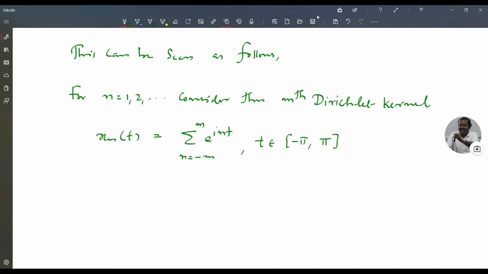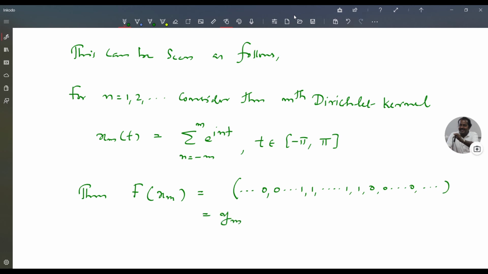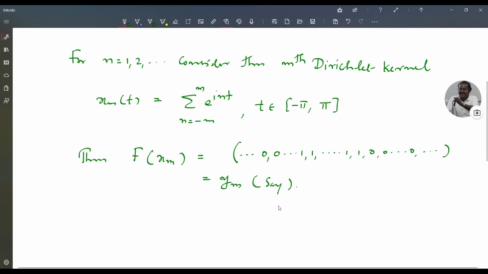Then f of Xm equal to etc. 0, 0, etc., 1, 1, etc., 1, 1, 0, 0, etc., 0, etc. Let it be Ym, say, where 1 occurs only in the minus mth to mth entries.